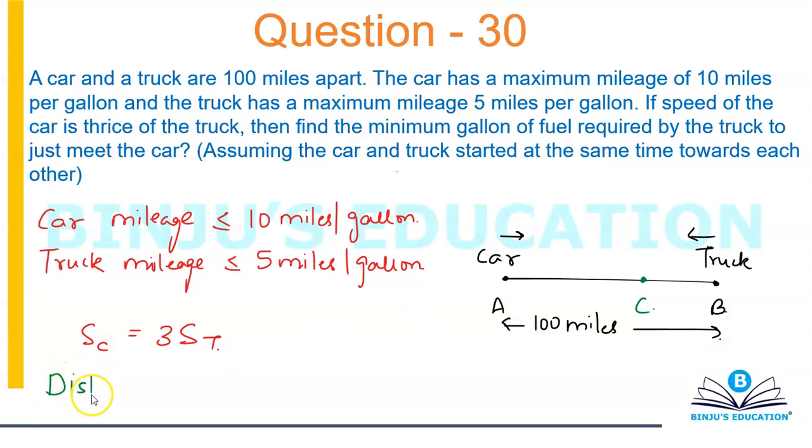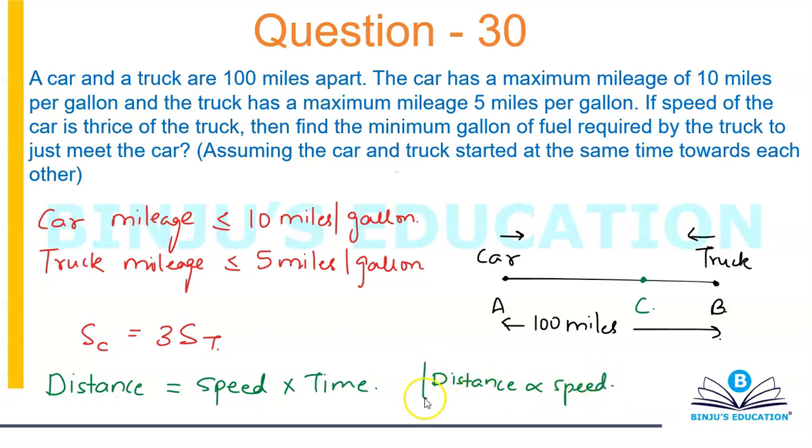Now remember this basic relationship that all of you would know: distance is equal to speed multiplied by time. Now, if time is constant, in the sense that it's the same for both car and truck, then distance is directly proportional to speed.